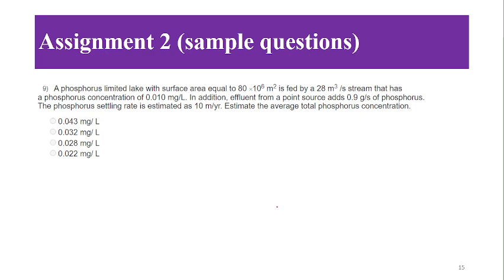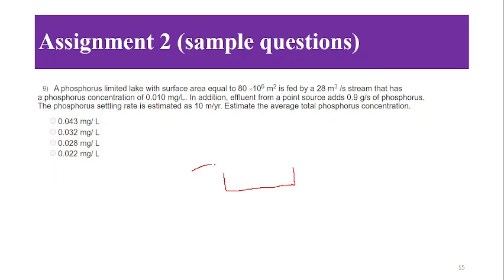So here it is written that a phosphorus limited lake with some surface area is fed by a stream. So we can say that this is a lake with some surface area, and it is fed by a stream.